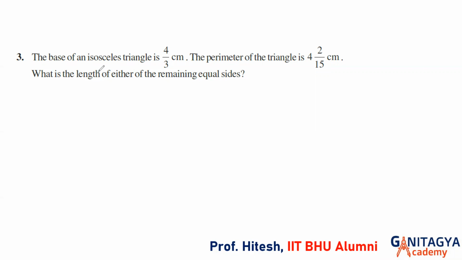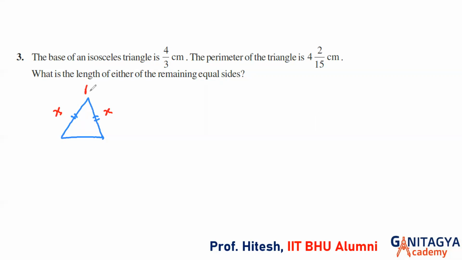Very easy question. What is the meaning of isosceles triangle? It means two sides are equal. So this is an isosceles triangle. This side is equal to this side. So let us say this side is x and the other side is also x.